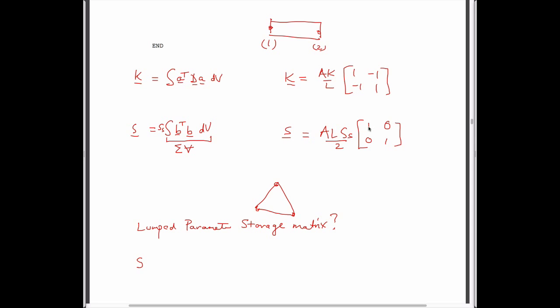So if you look at this, 1 plus 1 is 2, divided by 2 gives the volume of the element multiplied by specific storage. And so really the element is just going to look like this. And so if you wanted to calculate exactly the form of the storage matrix, I think it would look like this.